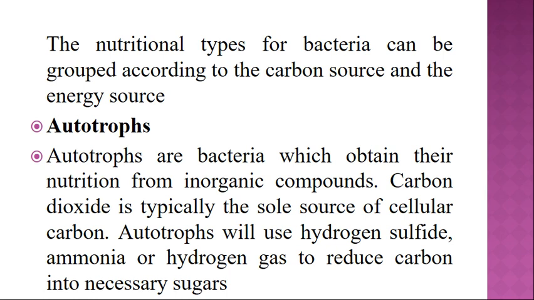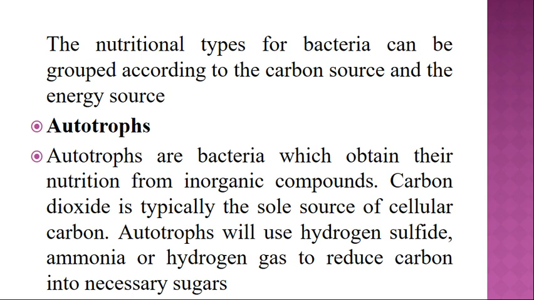The nutritional types or nutritional classification of microorganisms is mainly based on carbon and energy source. The first nutritional category of microorganisms is autotroph. Autotrophs are those microbes which obtain their nutrition from inorganic compounds.